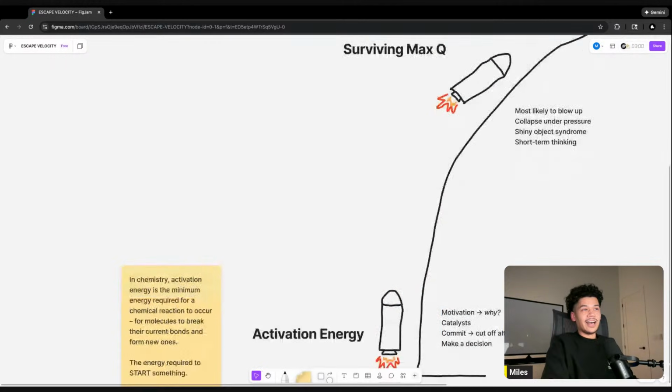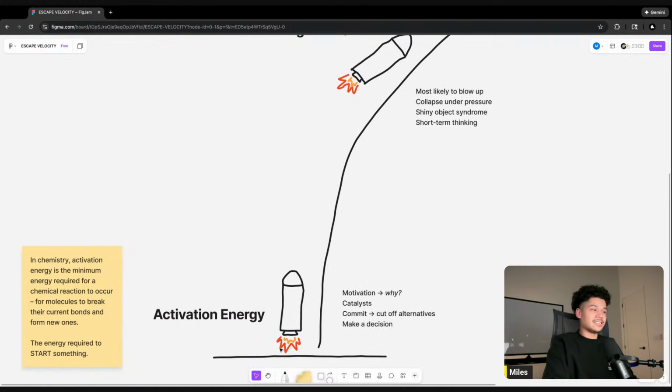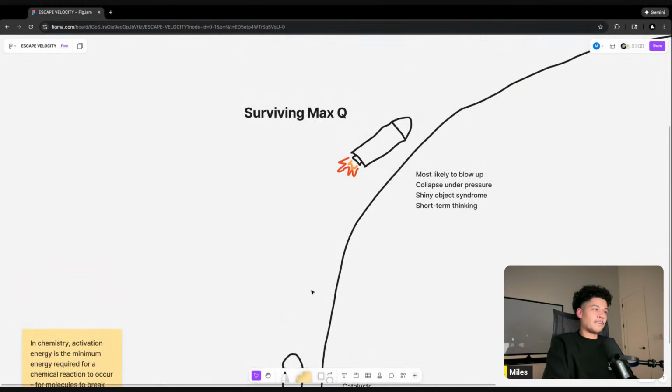However, the coast isn't clear after you commit, all right? So the next thing, once your rocket is ignited and you are on the way up, you hit this thing called max Q, all right? And in a rocket's flight path, max Q is when the rocket is under the most amount of pressure at any point in the journey.